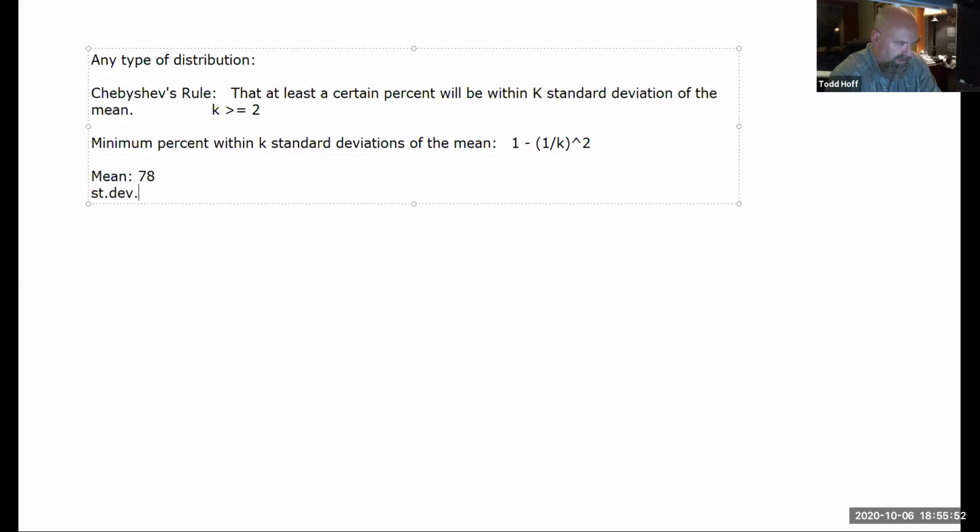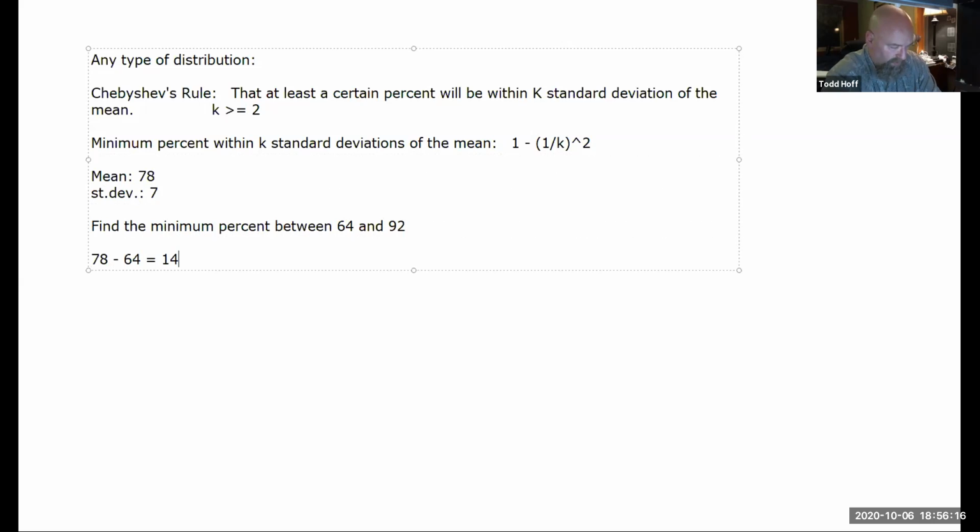So if we have that mean of 78, standard deviation of 7 again, find the minimum percent between 64 and 92. Well, 64 and 92, if I compare them to the 78, 78 minus 64 is 14. That's 2 standard deviations. 78 minus 92 is a negative 14. That's also 2 standard deviations away. So this is k equals 2.